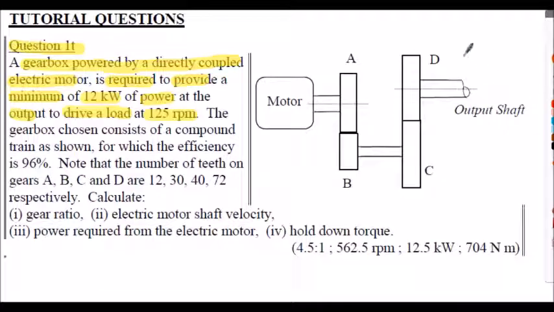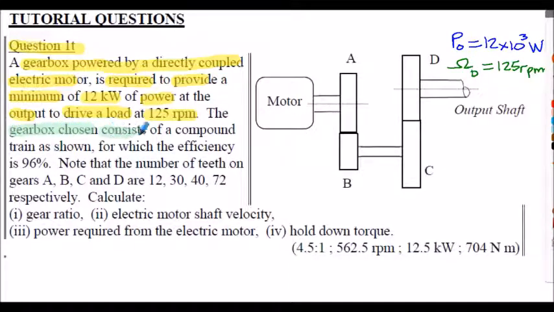So in other words, the power at the output, that will be at D, is going to be 12 kilowatts, and the output speed at D in this case is equal to 125 RPM. The gearbox used consists of a compound gear train, as shown in the figure, which has an efficiency of 96%. So the efficiency is 0.96. We're given a number of teeth on the gears.